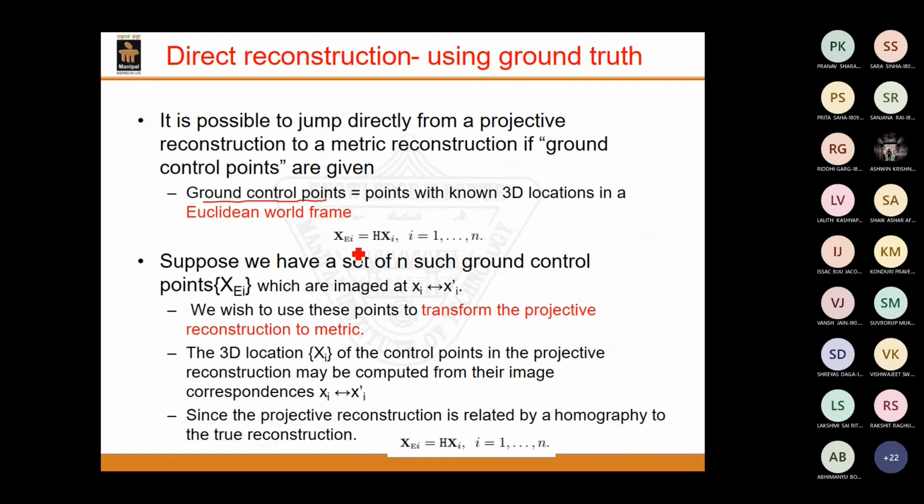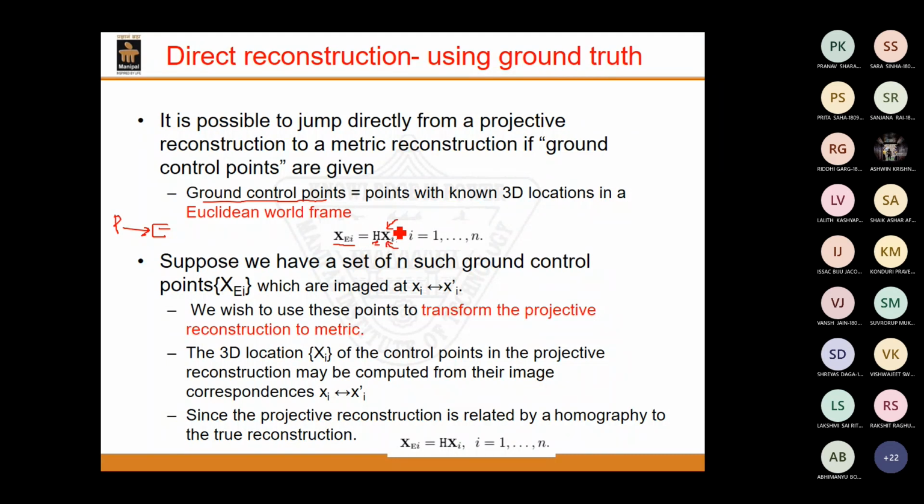The same thing is mentioned in this equation: the ground control points can be represented by the notation here, given by capital X_E^i. That means this is in the Euclidean space, right? So X_E^i is equal to H, which is the mapping between the two sets of points, times X^i, the reconstructed points in the projective space. What you're trying to do is convert from the projective space to the Euclidean space, or the metric reconstruction, right?